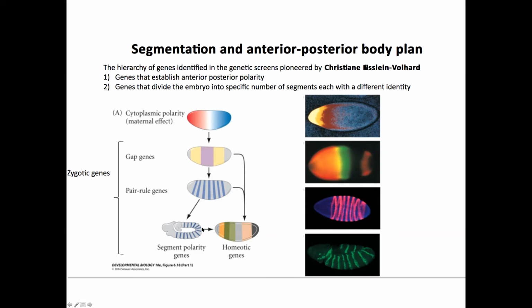And that, in combination with the homeotic genes, which define segment identity. So there is a difference between segment polarity and identity. Of course, the antenna or the eye is the identity, but then you have the anterior part of the eye and you have the posterior part of the eye.